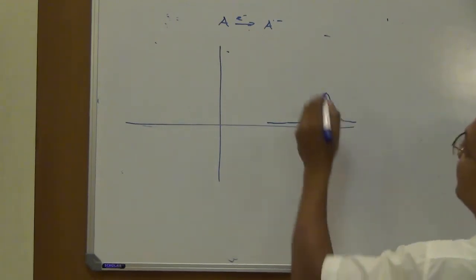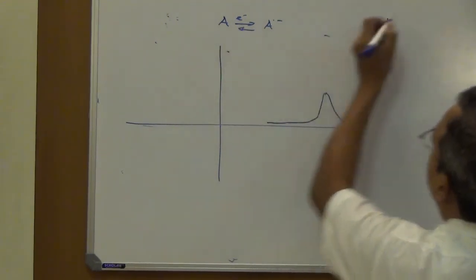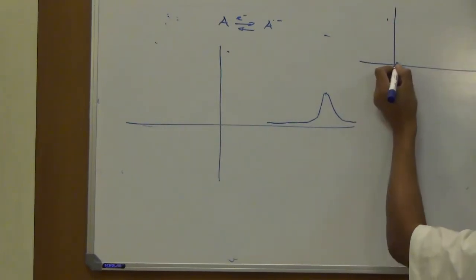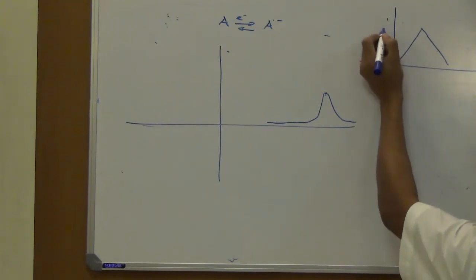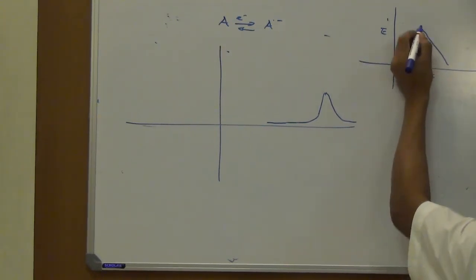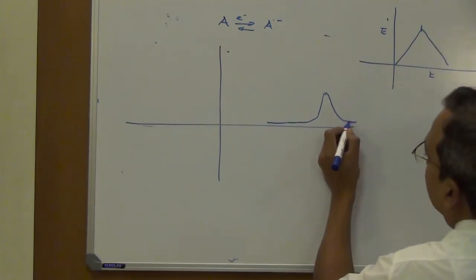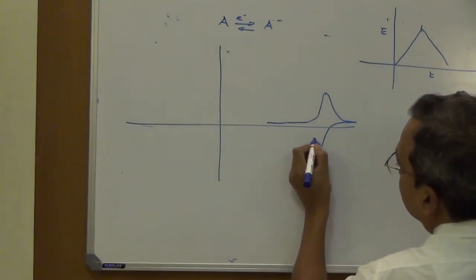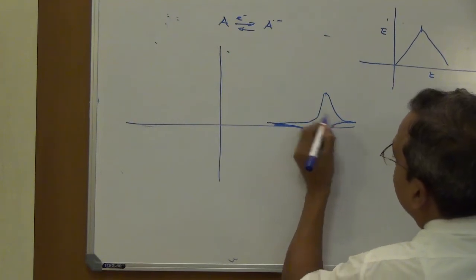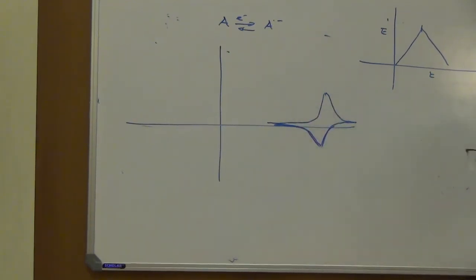If I reverse the potential, this is my applied potential, E versus t. After the switching potential, the potential is decreasing with time, and I get a complementary peak like this. Again, if I integrate the area under both peaks, they are identical.